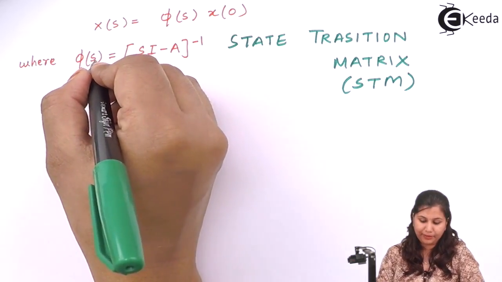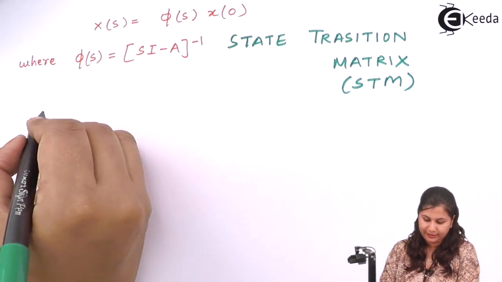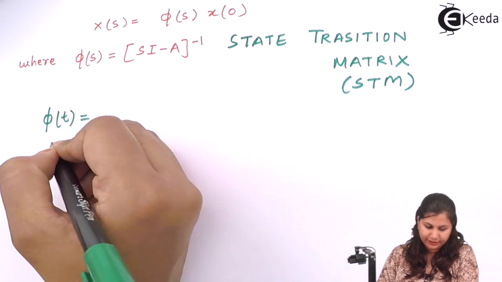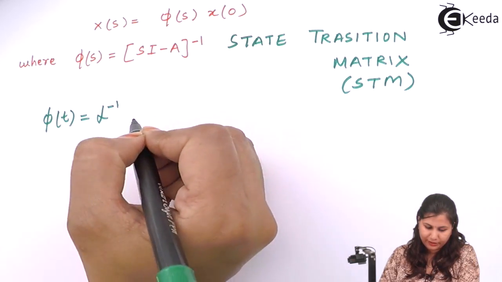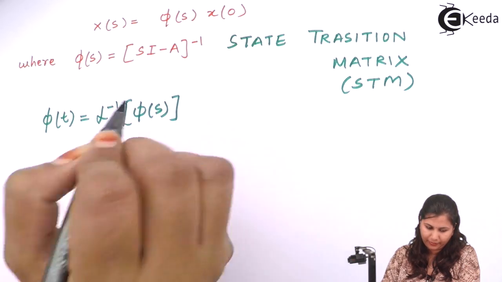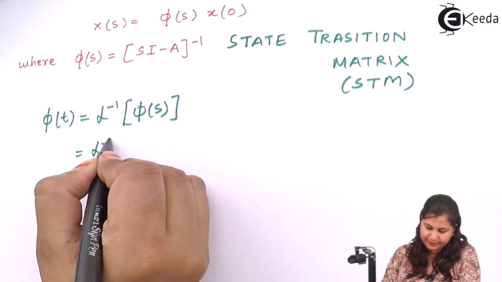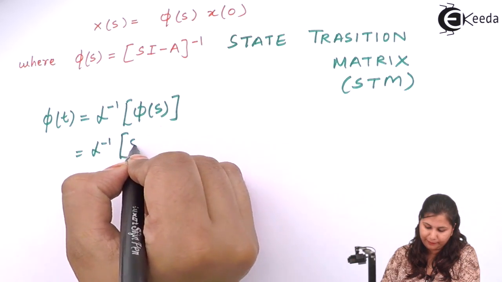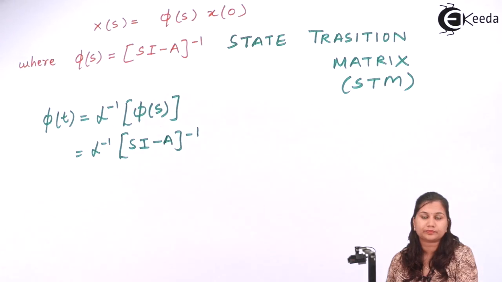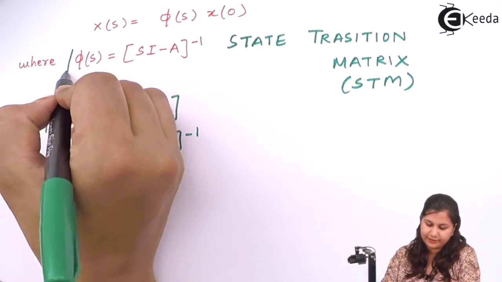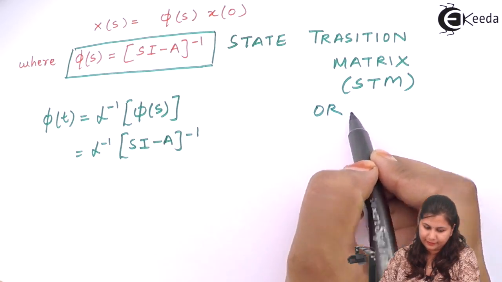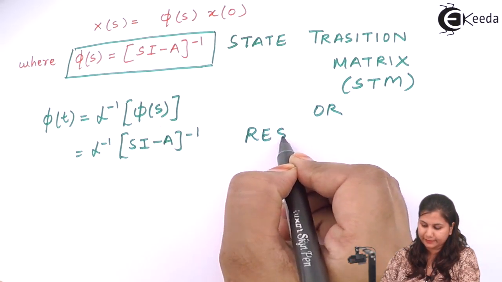Now if we take the inverse Laplace transform of phi s, then phi t equals the inverse Laplace transform of phi s, or we can say it is the inverse Laplace transform of (sI minus A) inverse. So this is our state transition matrix. Also it is known as the resolvent matrix.